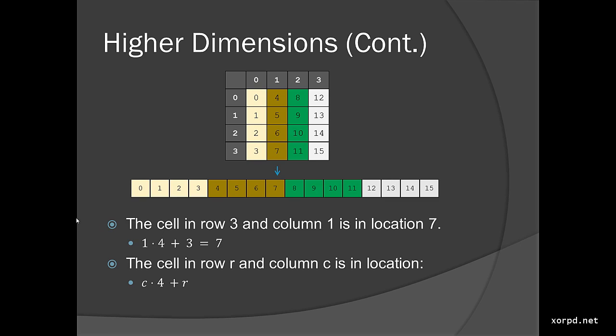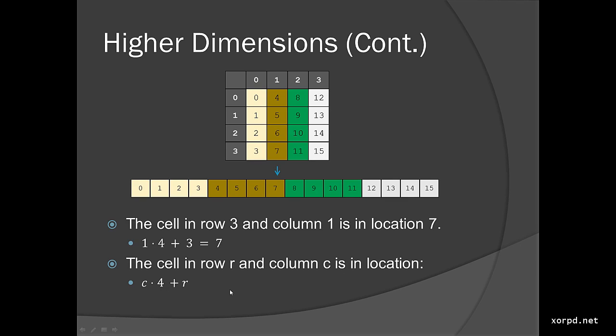This is about how we calculate it. We just take 1, which is the column number, and 3, which is the row number, and we use this formula. 1 times 4 plus 3 equals 7. This is our formula. And maybe generally how to calculate the location in linear memory of some cell. If we talk about the cell in row R and column C, then we know that it is in location C times 4 plus R.